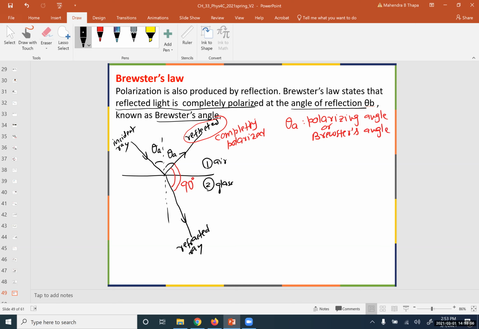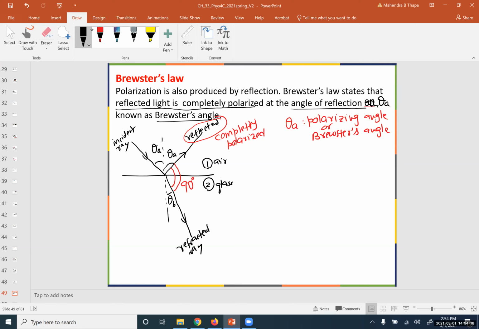We can do some math over here. This is theta A, because the angle of incidence is equal to the angle of reflection. This angle is theta B, the angle of refraction.